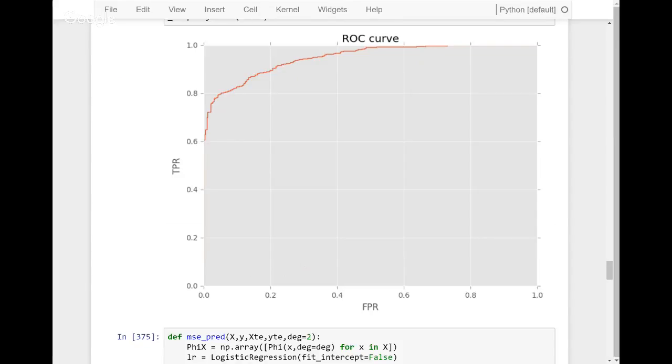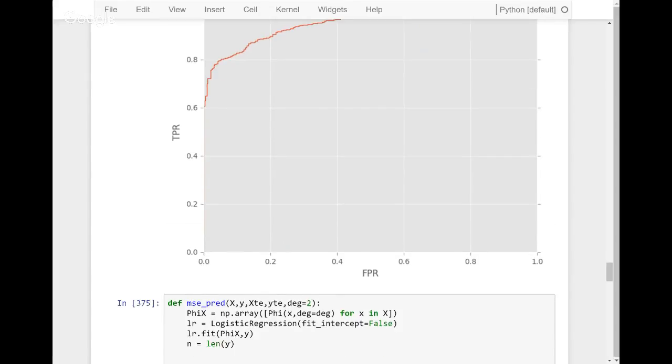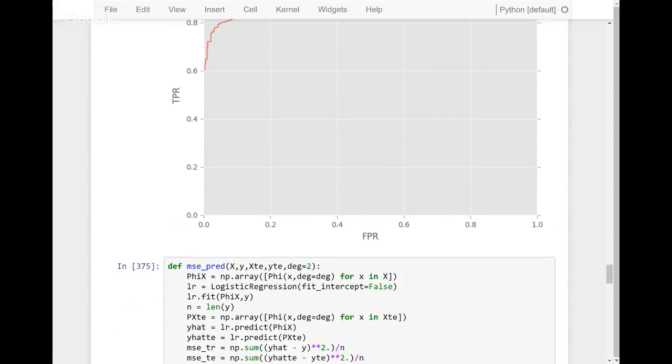And remember, with the ROC curve, we want it to be in this top left-hand corner. So this is doing relatively well. It's, for example, saying that for a false positive rate of around 0.1, we can get a true positive rate a little over 0.8. So that's pretty decent. Of course, decent depends on the level of noise that you have.